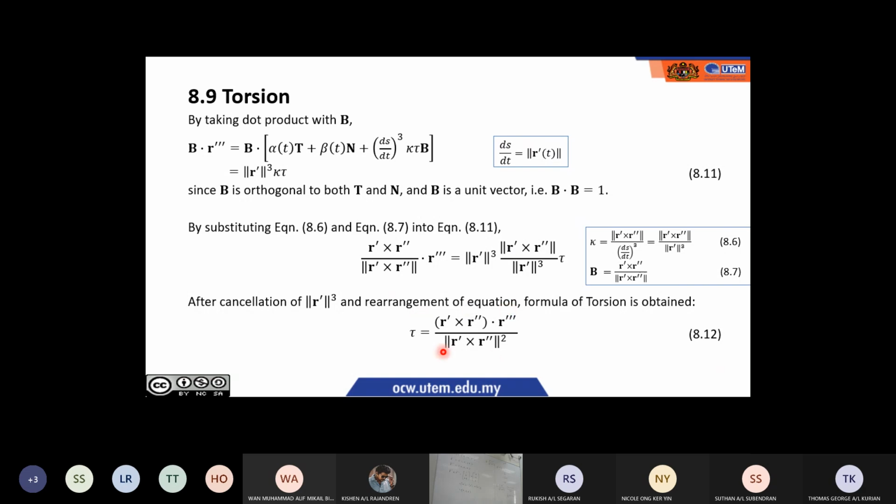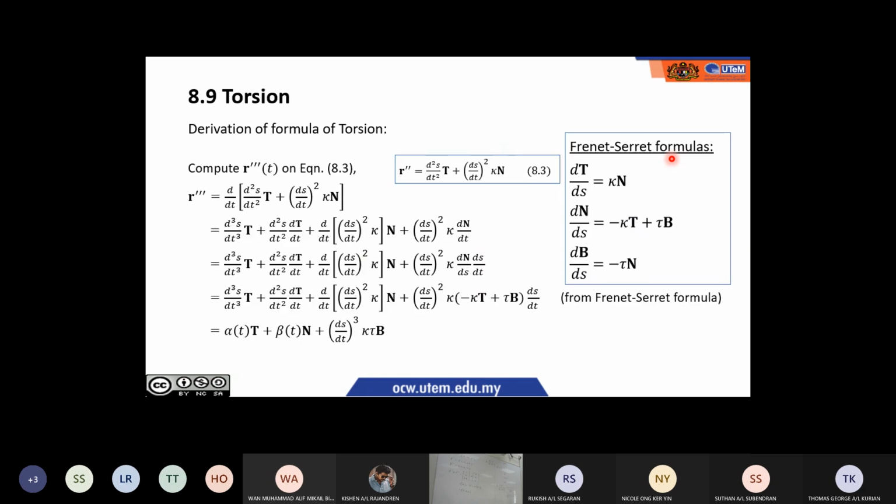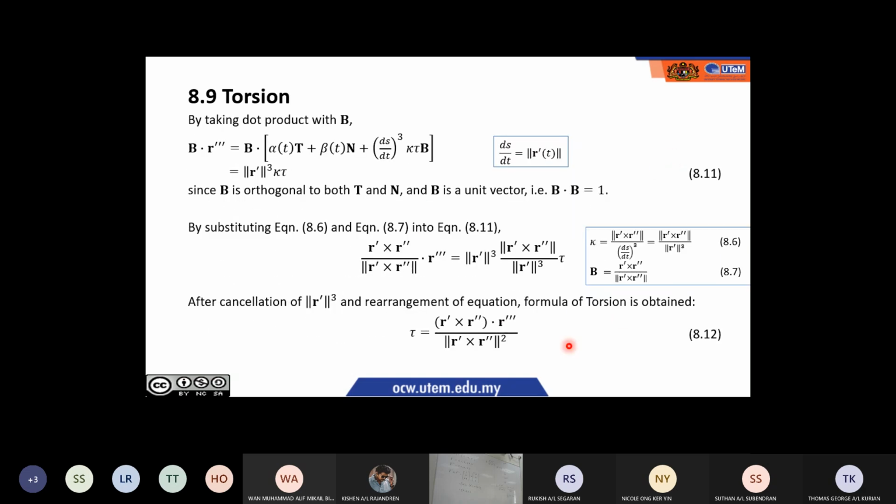This formula is similar to the binormal vector formula from just now, except that you have the dot with R triple prime, and this one is squared. So we will use this formula for the torsion.